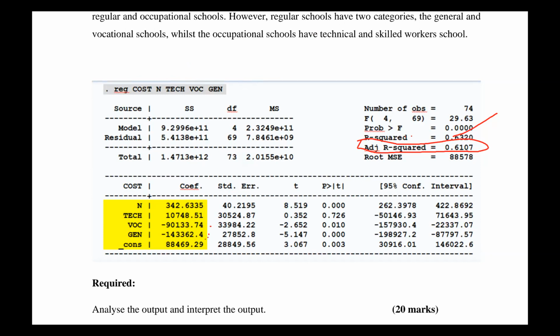You're following, right? It keeps on increasing, or the number of variables, even if the variable that you have added does not have significance to the model. Did you get it? That's the weakness of the R squared.